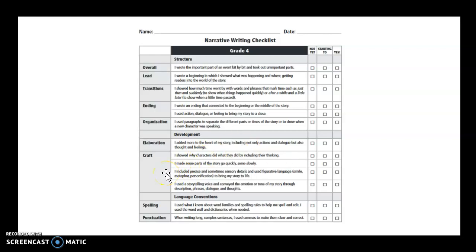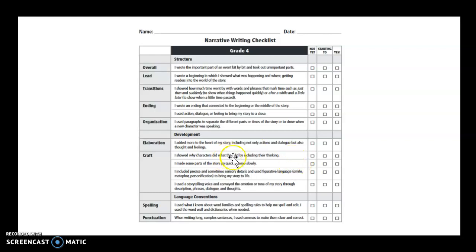You also want to make sure that you've gone through and included precise and sometimes sensory details, using that figurative language and bringing your story to life. I think about the example paper that we read last week about the football player. We talked about how that story was about what a great football player he was and how strong he was. And I was thinking of all the great figurative language that we could have added there to show what a great football player he was and how strong he was and how larger than life.